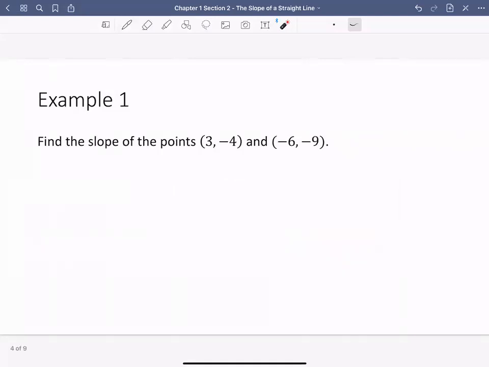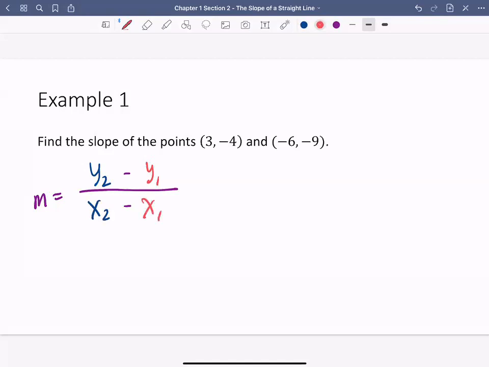All right, so let's get into our first example here. Let's just find the slope between 2 points. If we follow our formula, it says m equals y2 minus y1 over x2 minus x1.